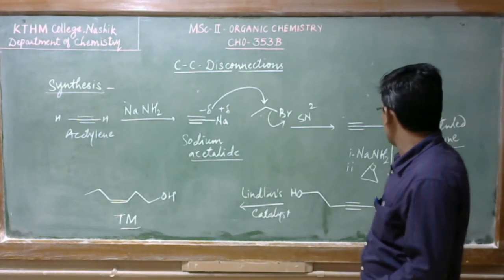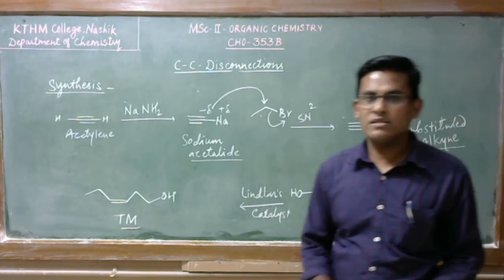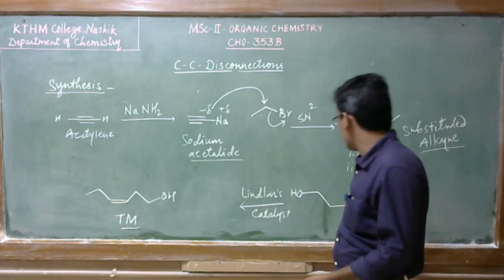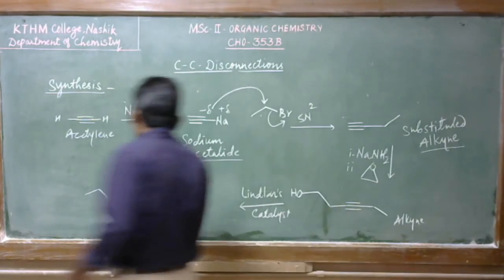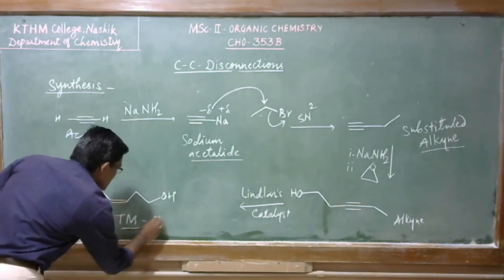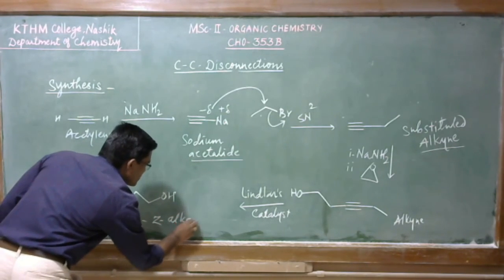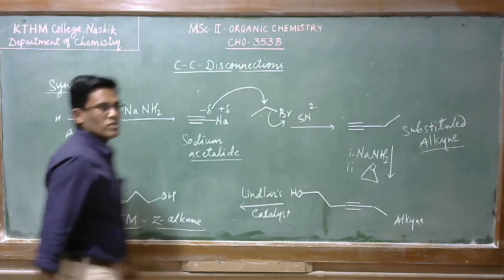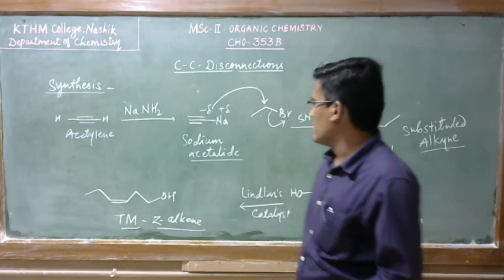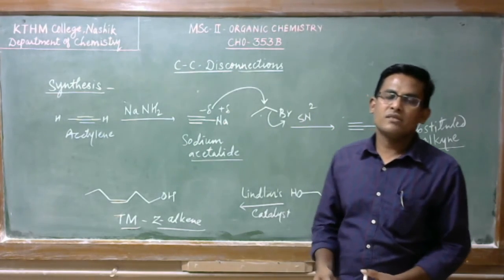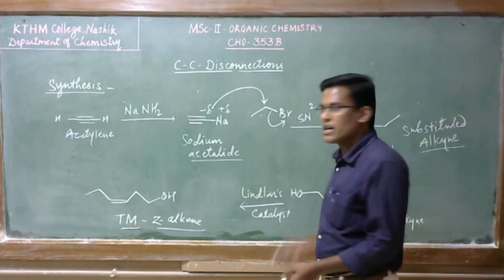Then this alkyne, when you treat it with Lindlar catalyst, gets converted into the cis alkene. So this is our target molecule, and this is how we can generate the cis alkene by using alkyne chemistry.